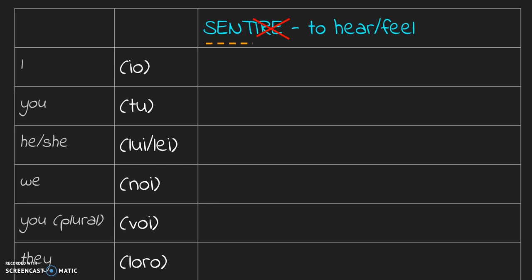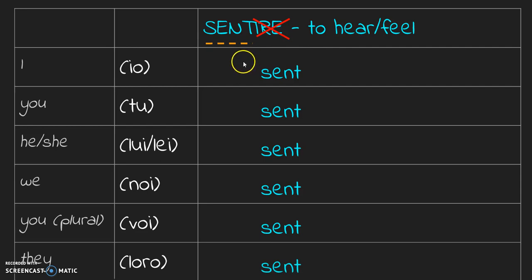We start off all of our conjugated forms with our stem, sent, all the way down. And now we add our conjugated endings, our ire verb endings. These are o, i, e, iamo, ite, ono.